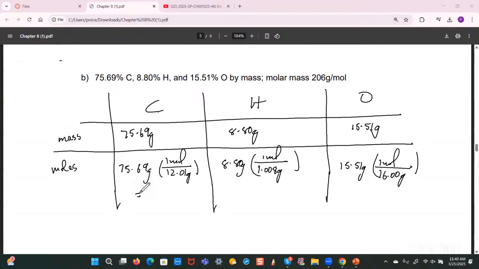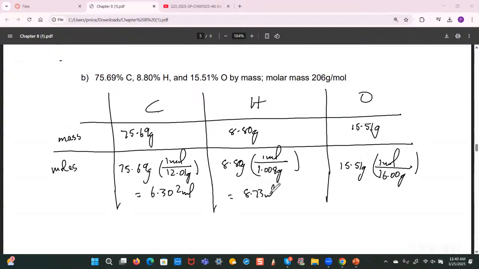All right, so let's do the number crunching. 75.69 divided by 12.01. According to my calculation, this works out to be equal to 6.302 moles. In the case of hydrogen, 8.80 divided by 1.008, and this works out to be equal to 8.73 moles.